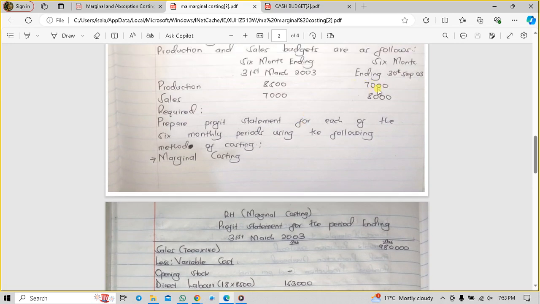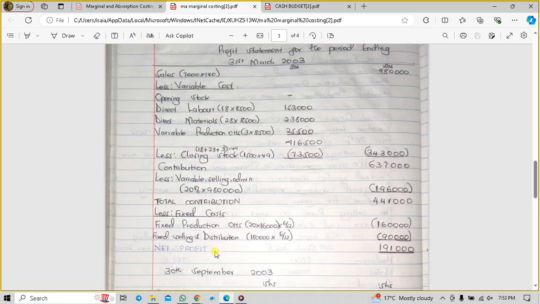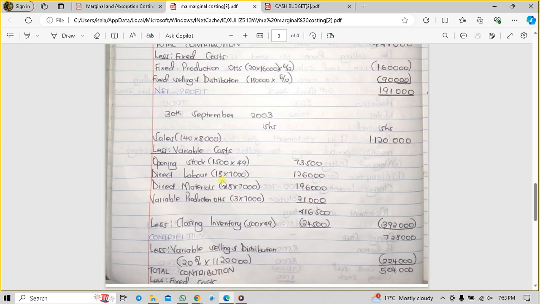So for the variable cost, we multiply by the production. So 18 times 7,000, 126,000, 28 times 7,000, 196,000, 3 times 7,000, 21,000. Then you add. So this 18 direct labor plus 28 plus 3 becomes the opening stock, and it also becomes the closing stock in form of shillings.